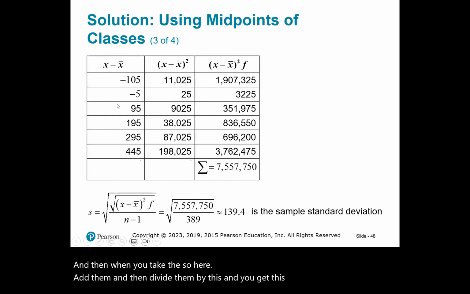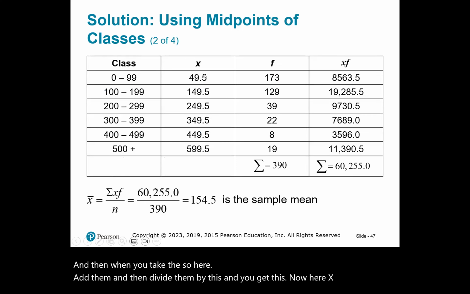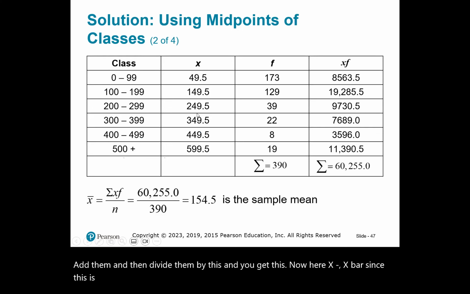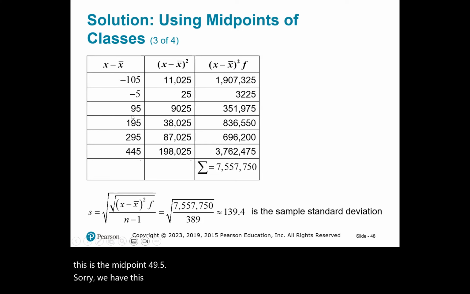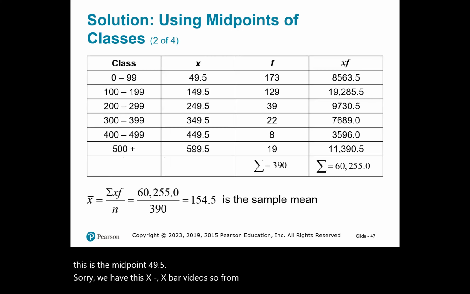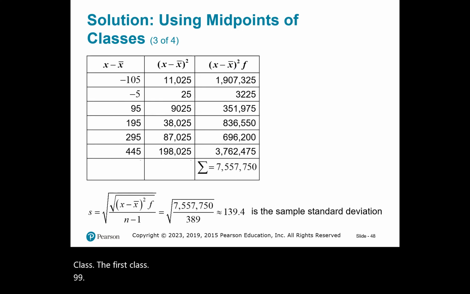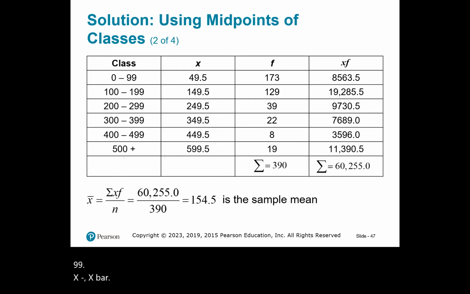Now, x minus x bar: since this is the midpoint, 49.5 for the first class, 99, we have these x minus x bar values, and x bar is 154.5.